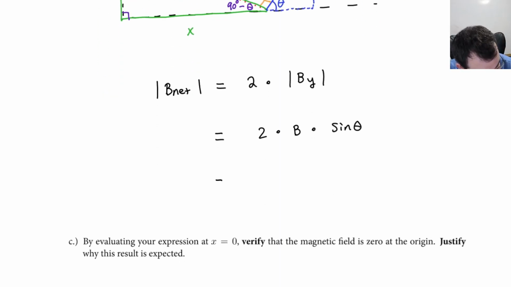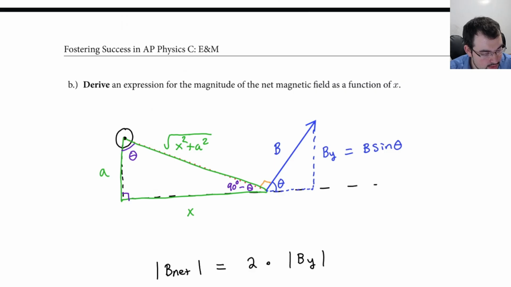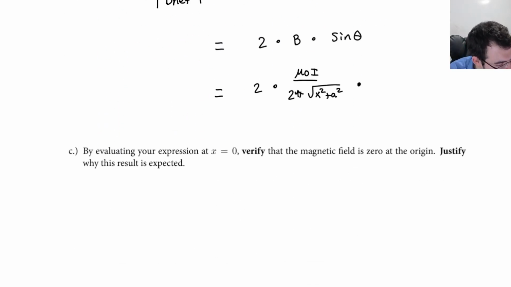So we know what B is from a wire. B is mu naught I over 2 pi r, but r is going to be that Pythagorean distance, and sine theta is going to be, well, an opposite divided by hypotenuse, right? So SOH CAH TOA. So opposite would be x, which doesn't touch, and the hypotenuse, the square root of x squared plus a squared.